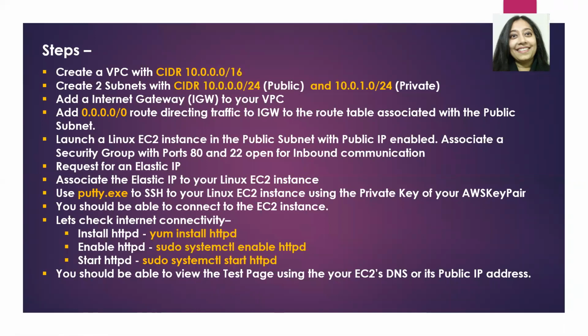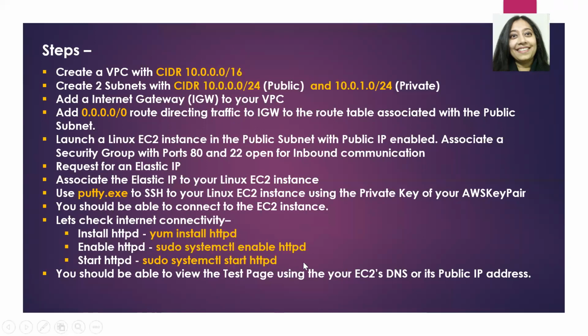This is the first set of steps wherein we are creating the VPC and the two subnets. As you see, we're directing our non-local traffic to the internet gateway, and finally connecting to our EC2 instance once it's provisioned, and checking internet connectivity as we had discussed by installing HTTPD, enabling and starting HTTPD, and finally testing our test page.